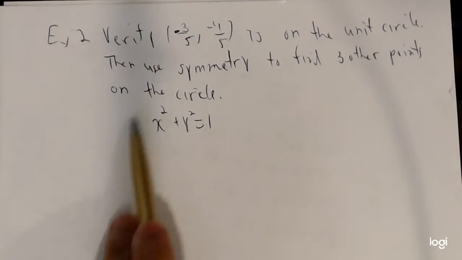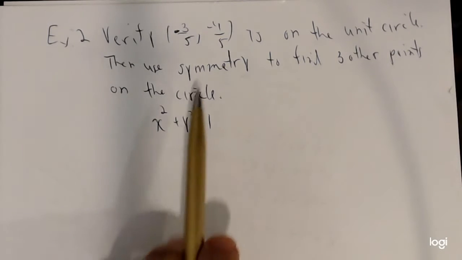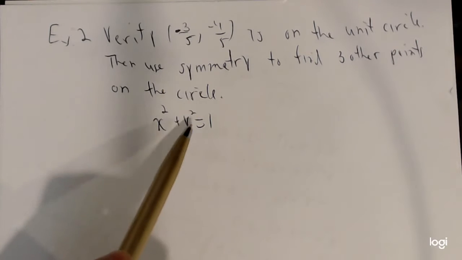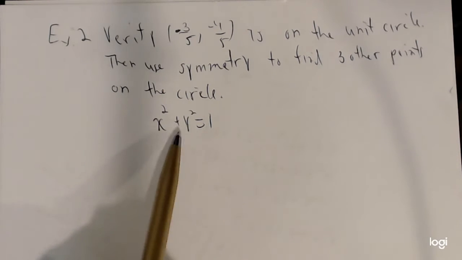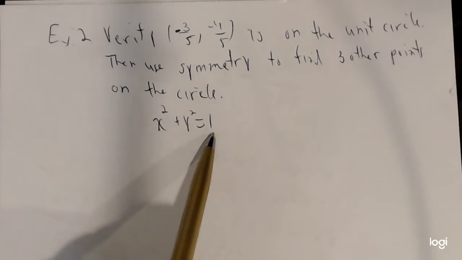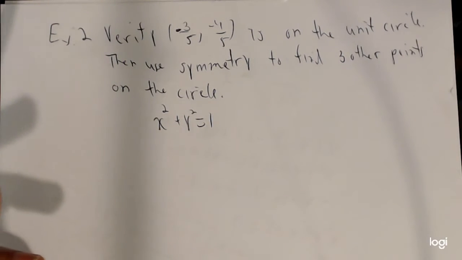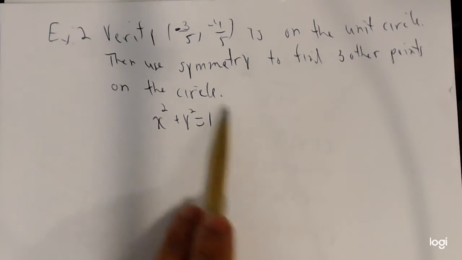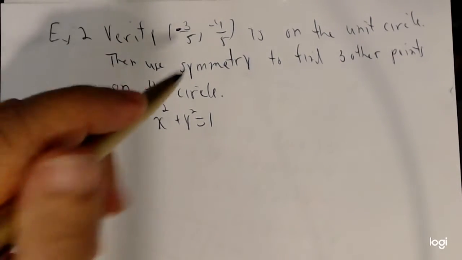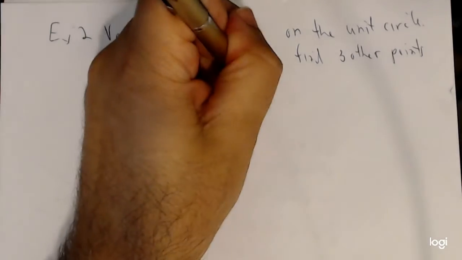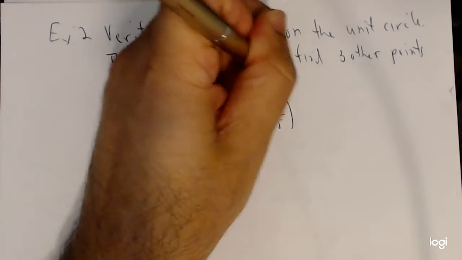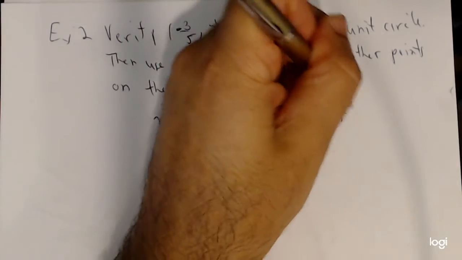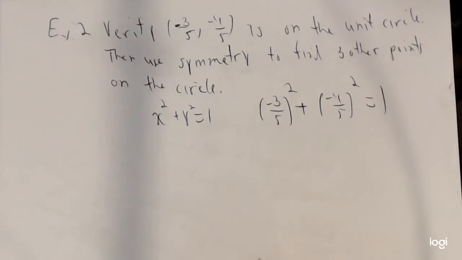Because if this is the equation that describes the unit circle, then if this point's on the unit circle, when I replace x with negative 3/5 and y with negative 4/5, and I simplify it, I better get it to equal 1. If not, then it's not on the circle, right? Because this is saying, hey, every point that's on the unit circle satisfies this equation. So to verify it, we need to plug in negative 3/5 for x and negative 4/5 for y and see if it equals 1. So let's see if that's true.